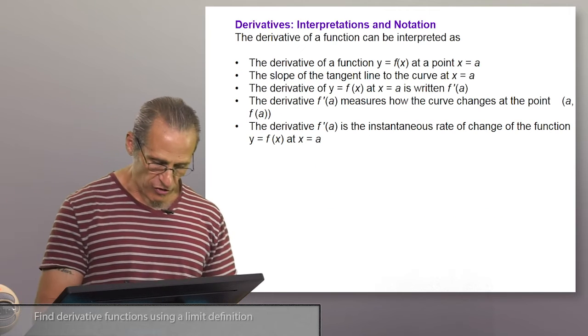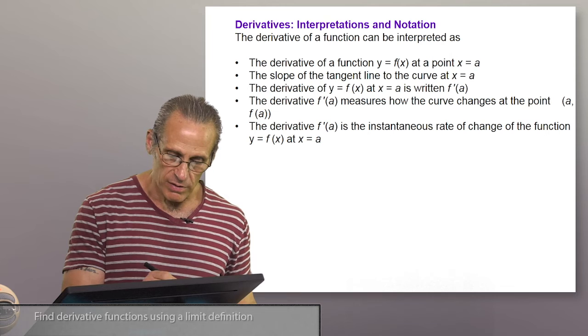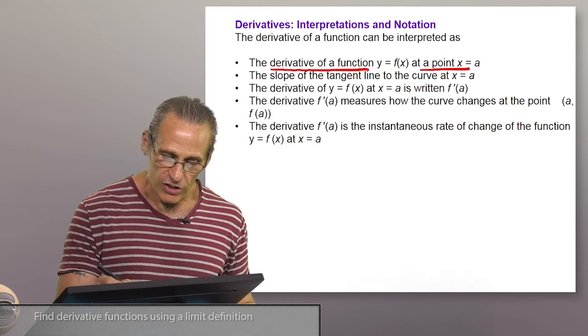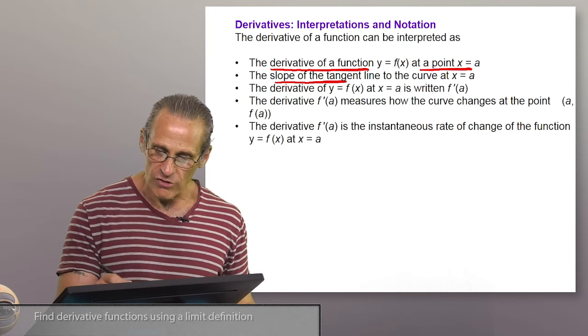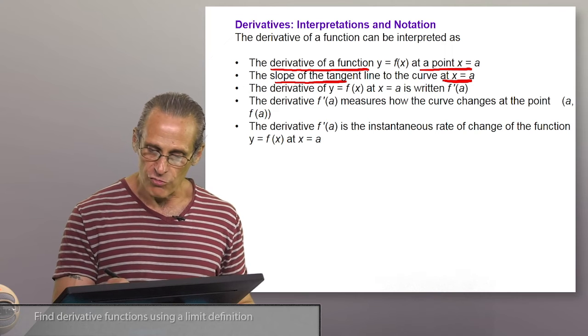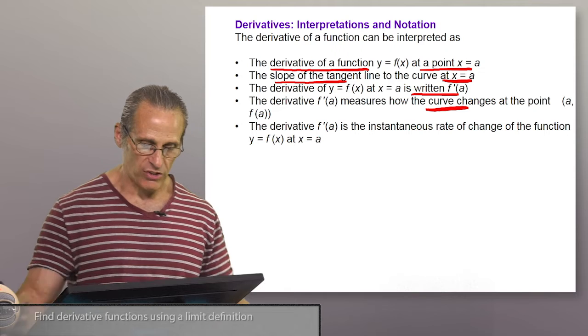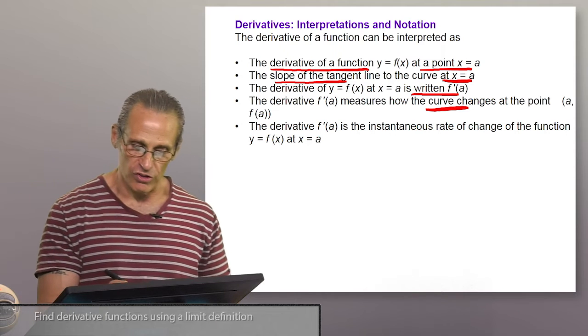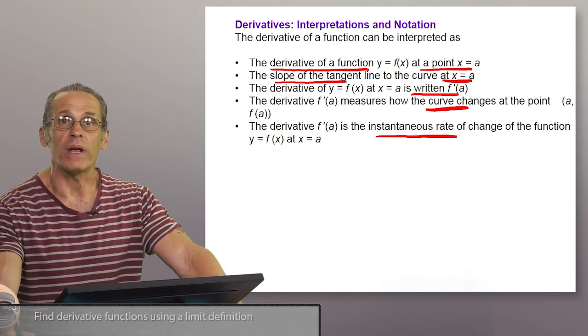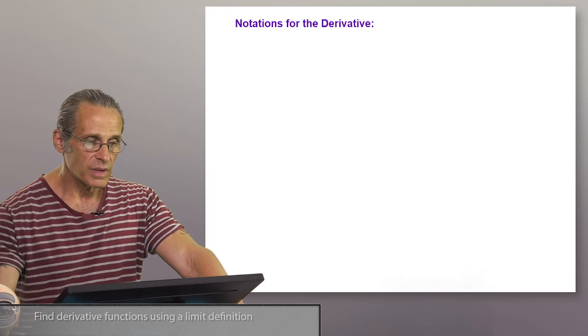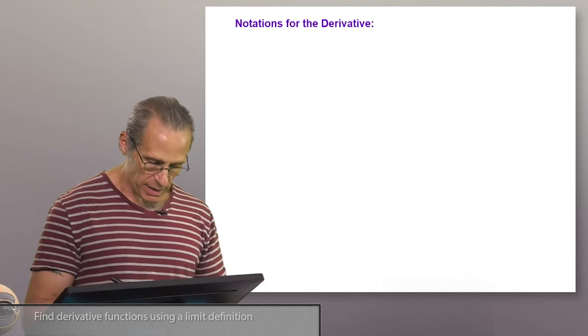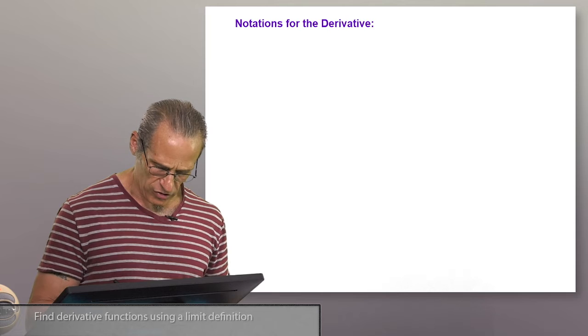So, interpretations. Well, the derivative of the function at a single point is the slope of the tangent line at that point. It's written f prime of a, and it measures how the curve changes at that point. And it measures the instantaneous rate of change for the function at that point. As far as notations, how we write it, there's many ways to write it, ladies and gentlemen.